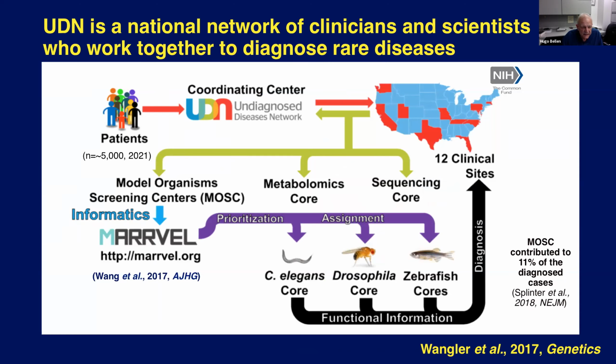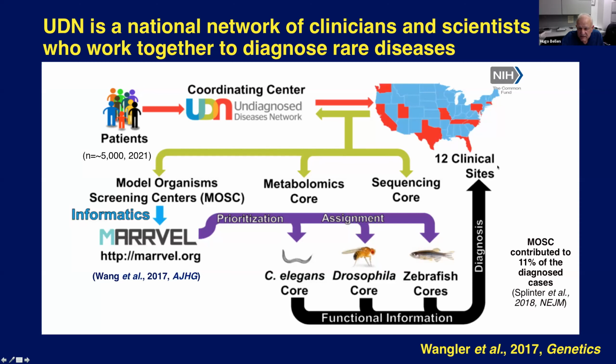The UDN has accepted 5,000 patients that have applied, and not all of these are pursued, but a substantial fraction, about a third to half, are pursued in the Undiagnosed Diseases Network. And they're assigned to any of the clinical sites that are shown in those red states here.